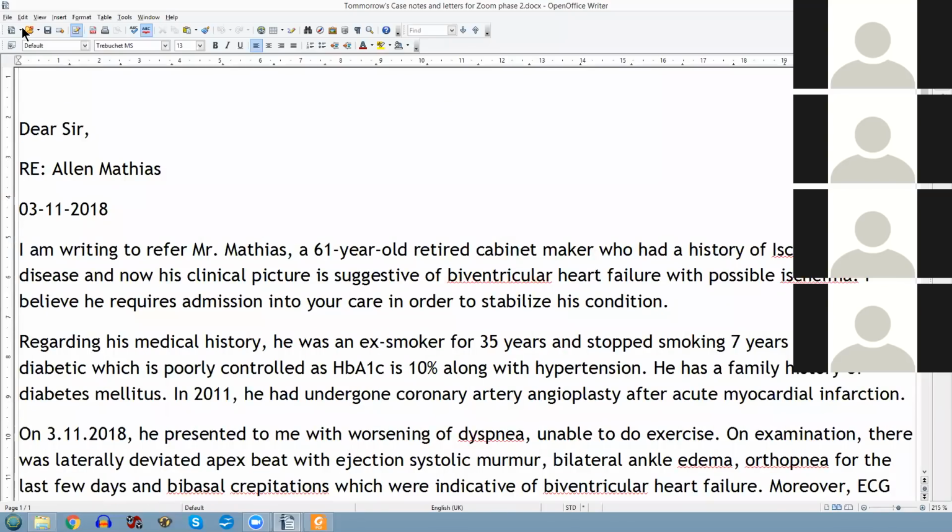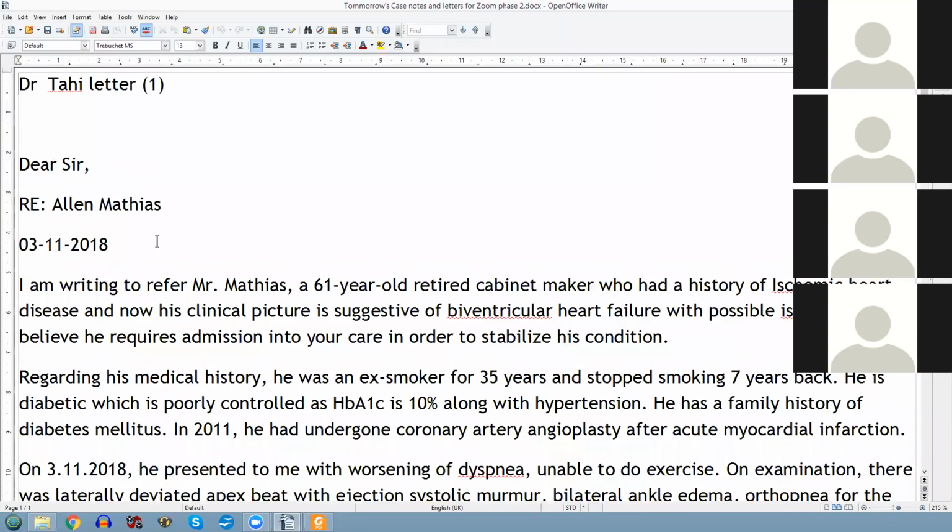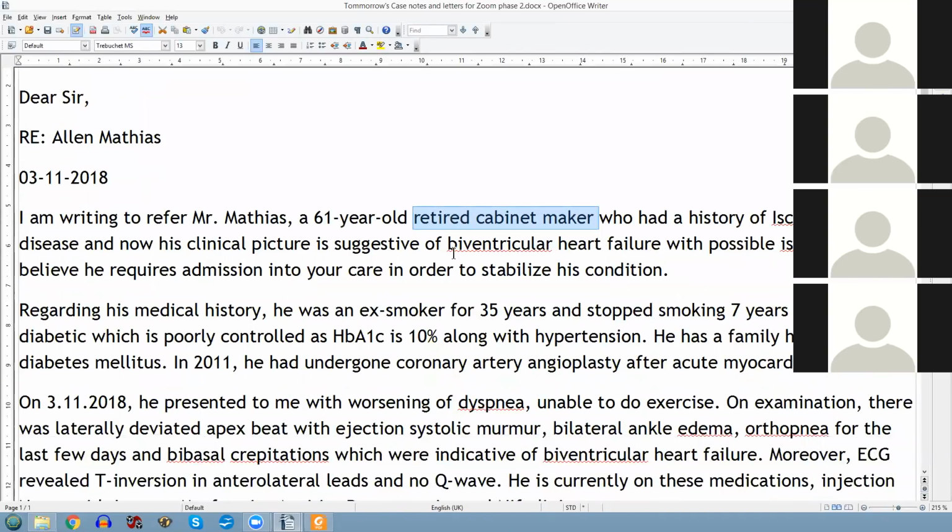So Matias, okay, well, if you've got the date of birth, which you should have, you don't really need this. Do we need to know this? He's a cabinet maker. Is that important? Don't think so. "Who had history and his clinical picture with possible..." This looks a little bit long for an introduction. A little bit long.